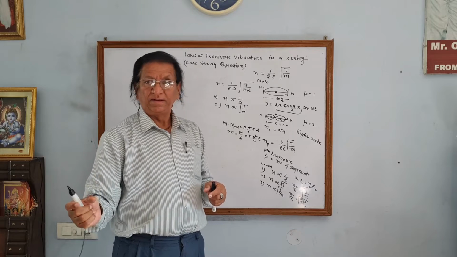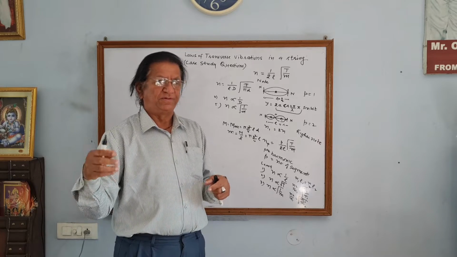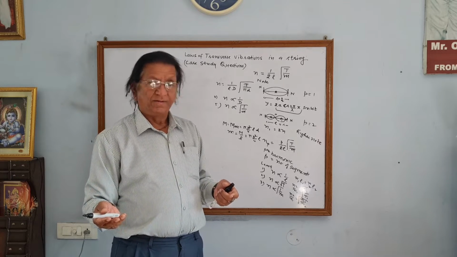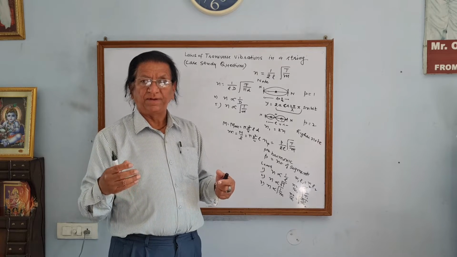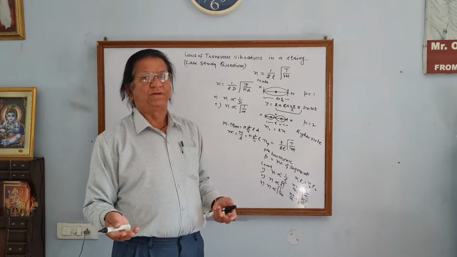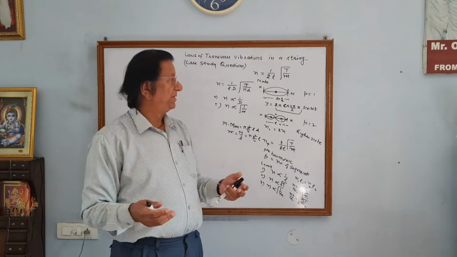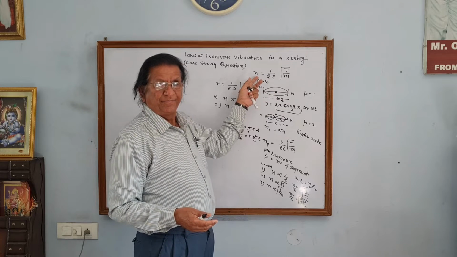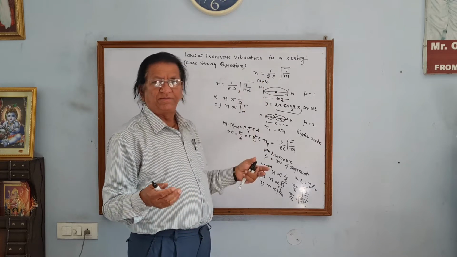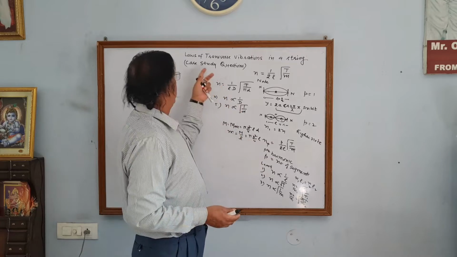Then there was a hanger, and then you put slotted weights to produce tension. Okay, now it is up to you to make the wire vibrate in 1 segment or 2 segments. If you want to make it vibrate in 1 segment, then you will get this frequency. And the sonometer is an instrument by which you can verify all the laws.